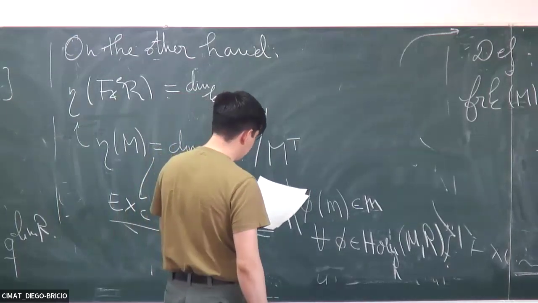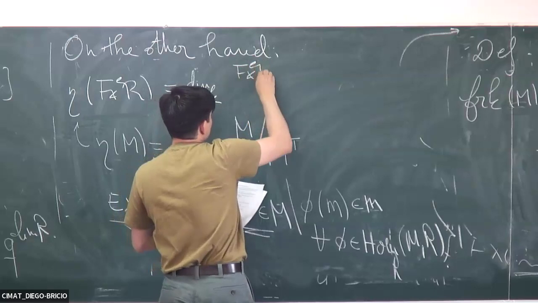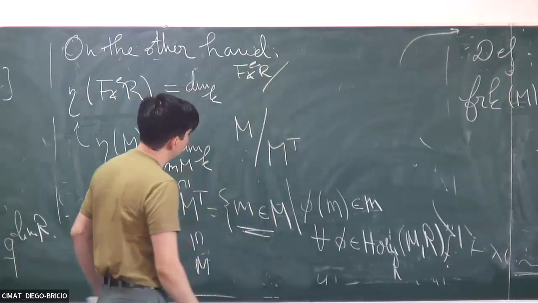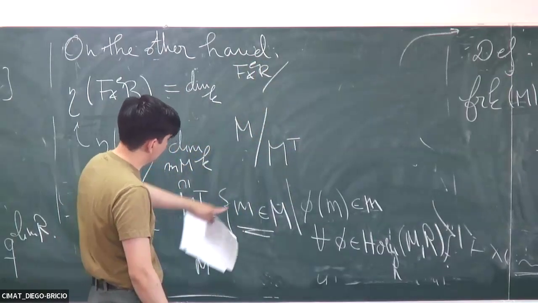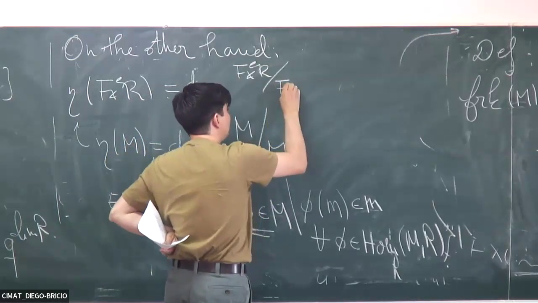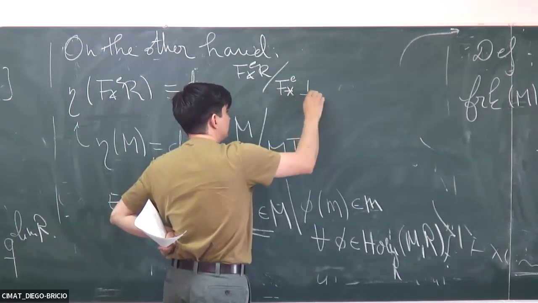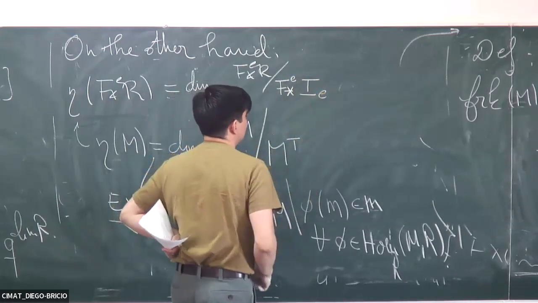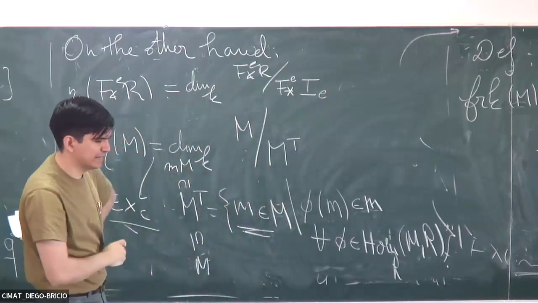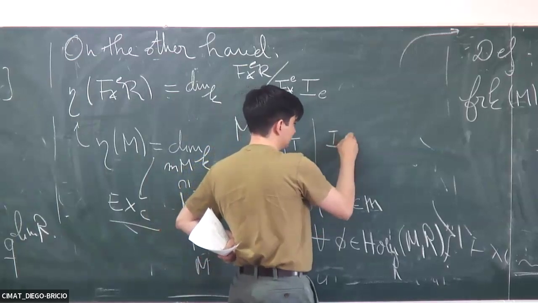So here, you say, okay, I'm going to take my Frobenius push forward, and I'm going to look at what I have here. What would this be? Well, it turns out that by definition, this is just this thing. I'm not sure if I called this I_e differently before, but what are these I_e's?